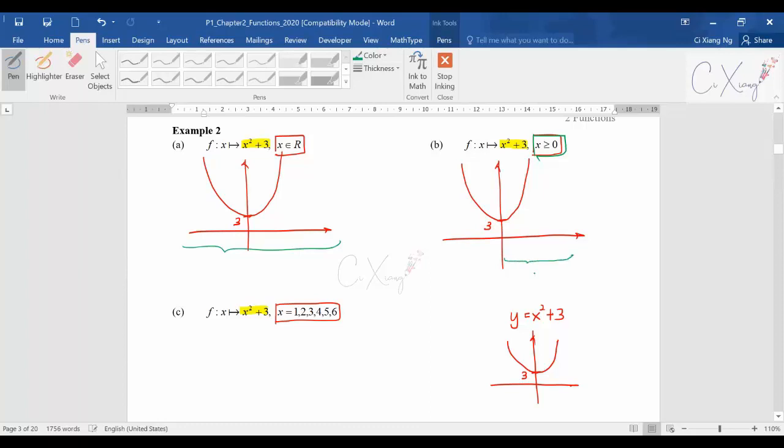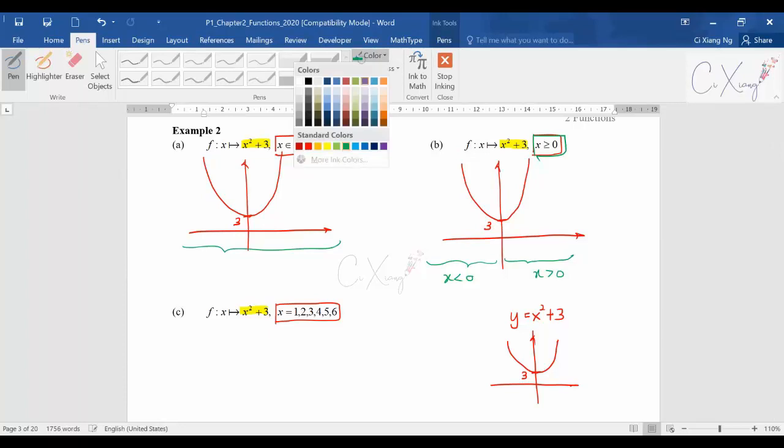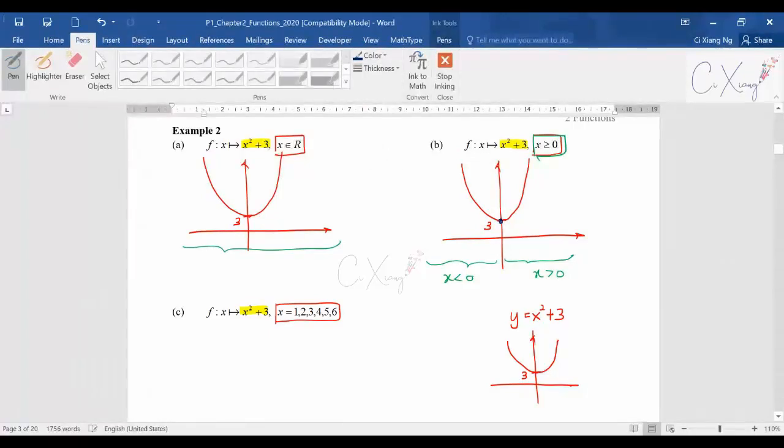This part is x greater than 0, and this part is x smaller than 0. So the domain indicates you to just draw the graph where x is positive. That means you only need to consider this part of the graph, because only here x is greater than or equal to 0. Therefore your graph will look something like this.